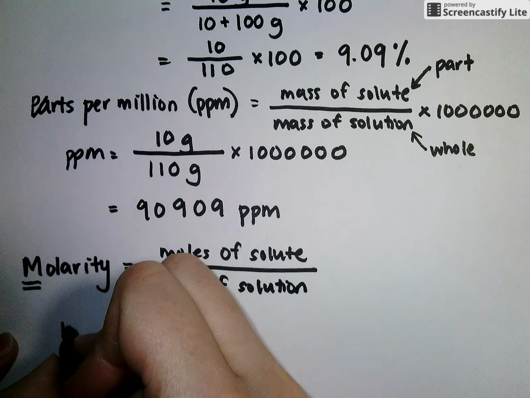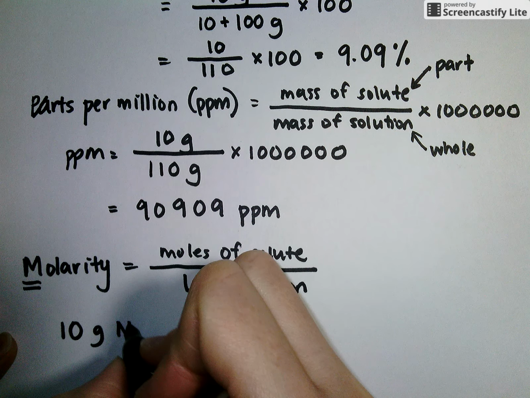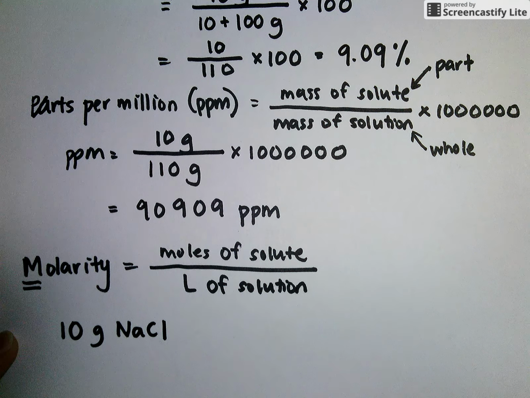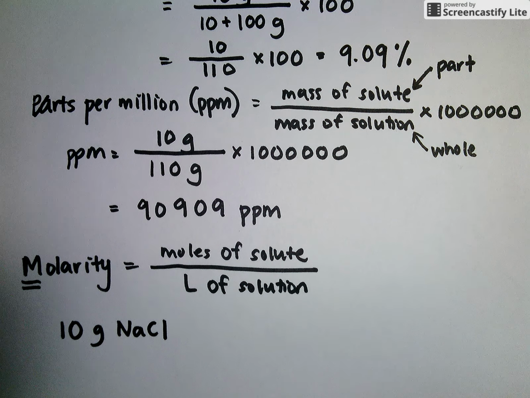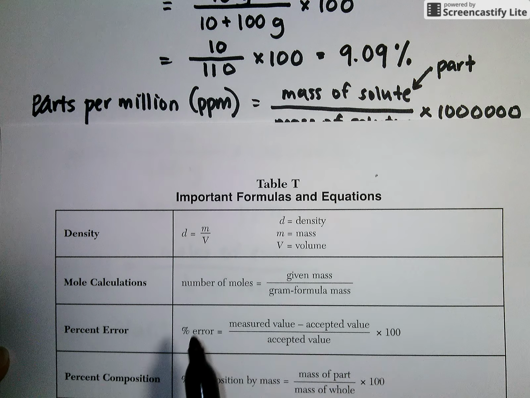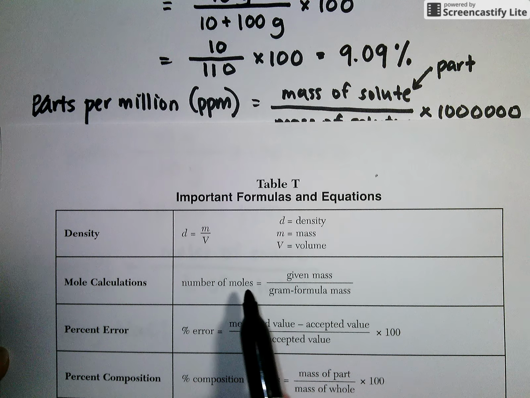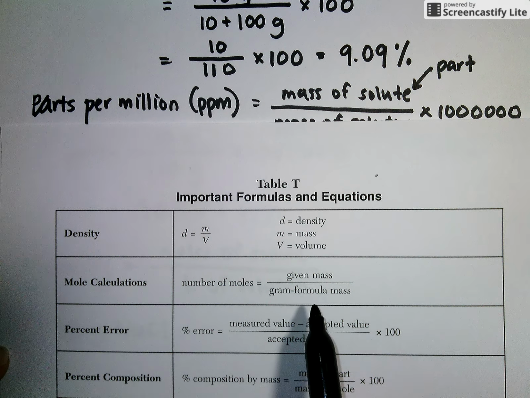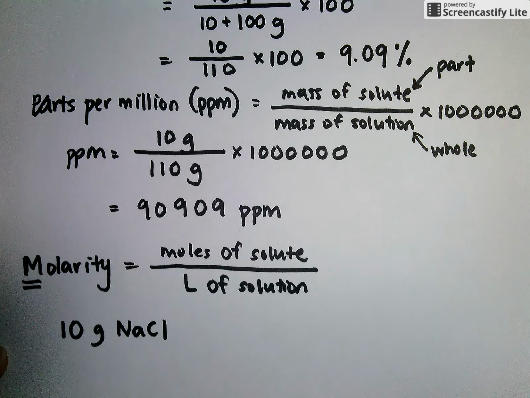First, I need to convert my 10 grams of NaCl into moles of NaCl. And don't fret if you have to do that, because right above the molarity calculation on table T, up at the top, there's this conversion that says number of moles equals the given mass divided by the gram formula mass. 10 grams just becomes our given mass.